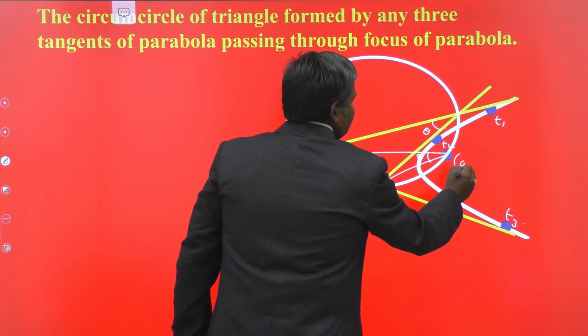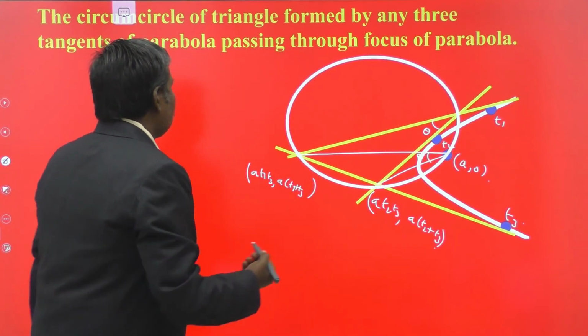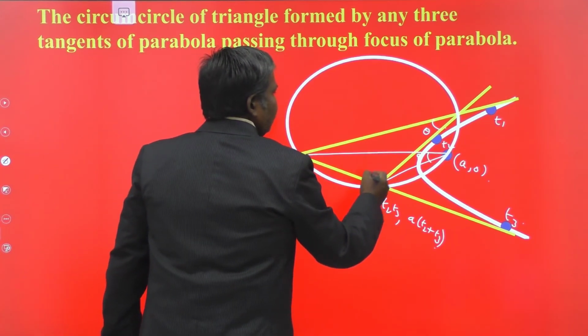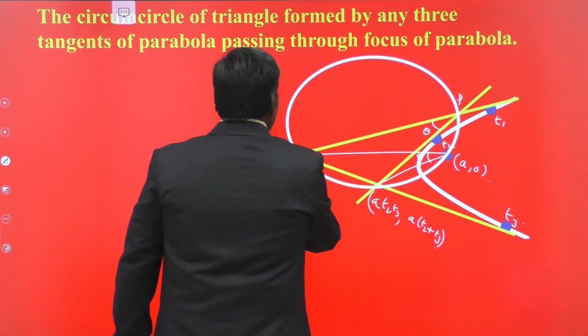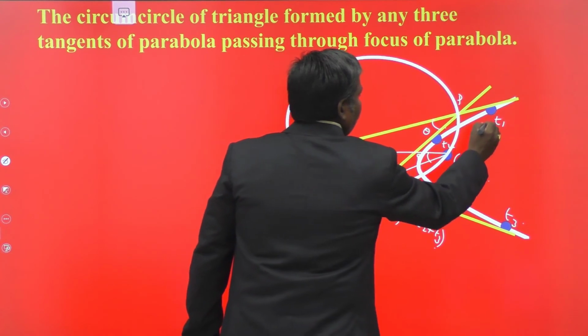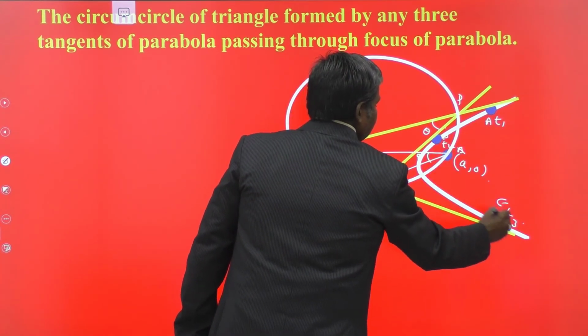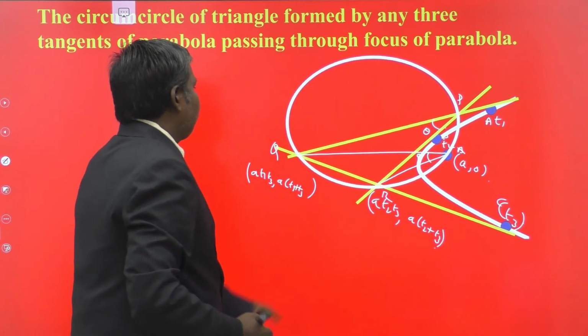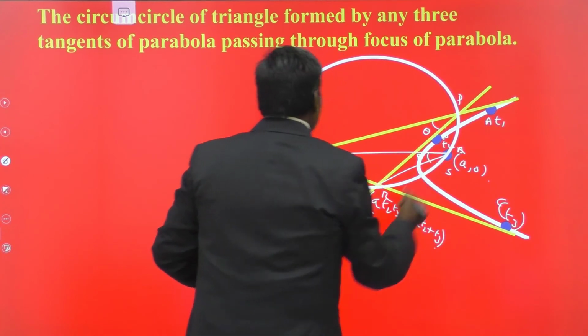What are the coordinates of the focus? A comma 0. So what is the point here? This is say P, Q, R. These are the points A, B, C. Okay, now what is the slope of SQ?